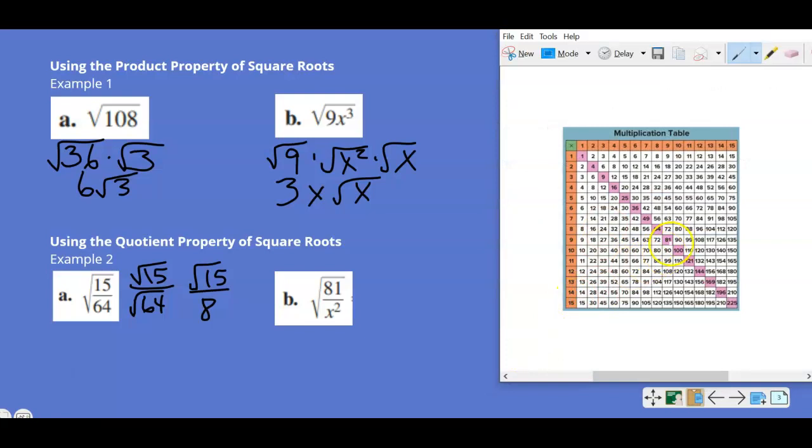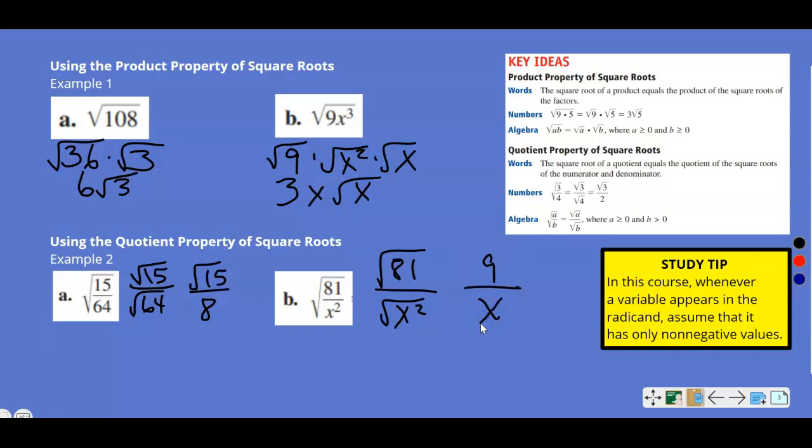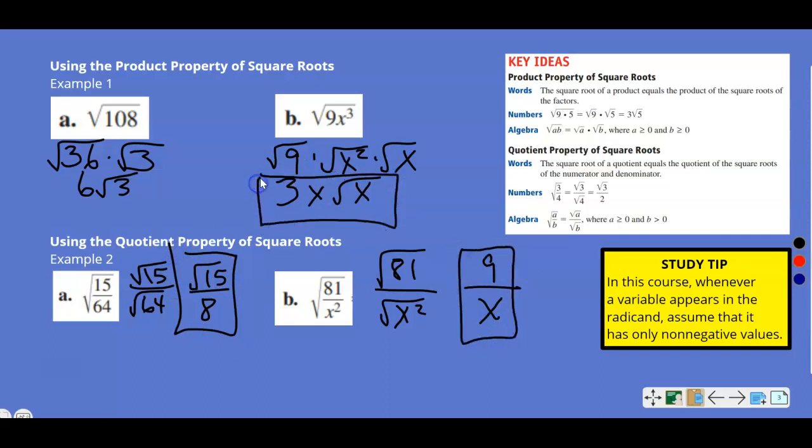You can see that 81 is going to be 9 times 9, so it is a perfect square. Both of those are perfect squares, so that's going to become 9 over x. And that's how you simplify using the product and the quotient property.